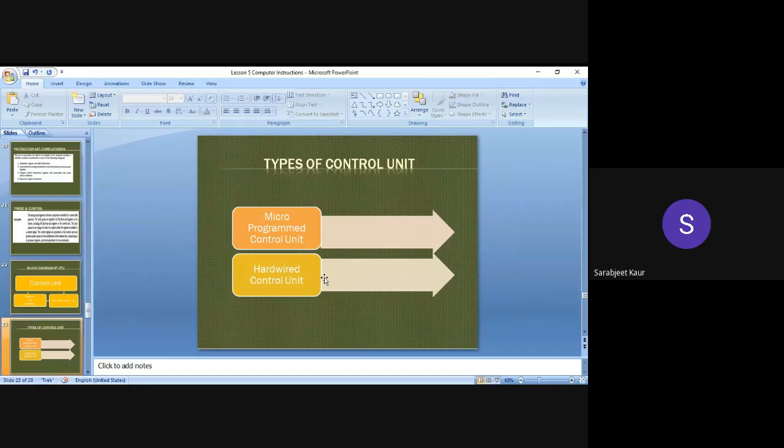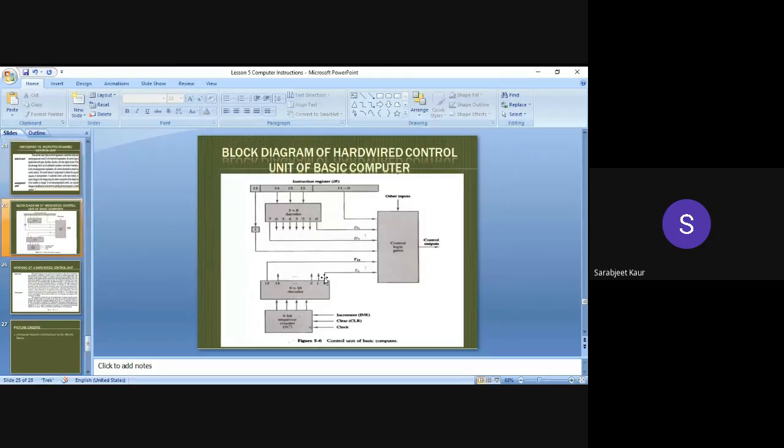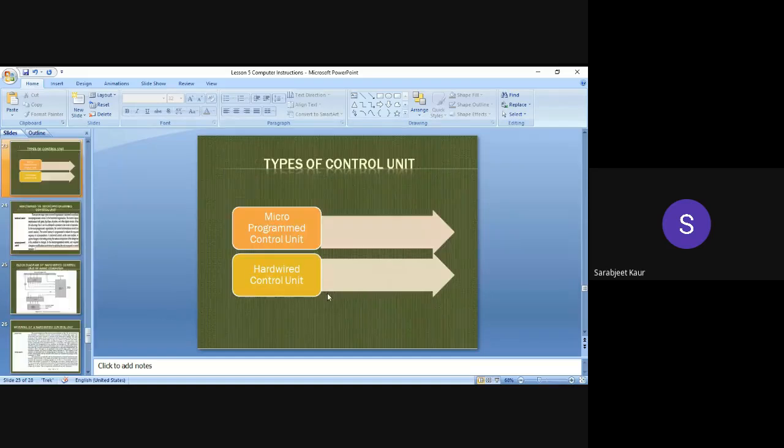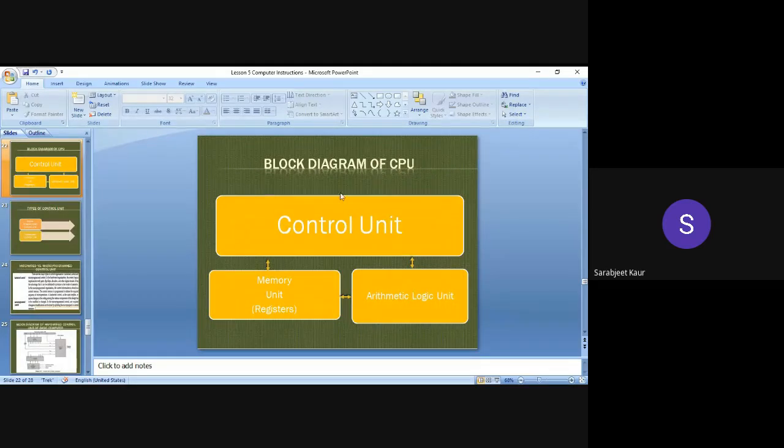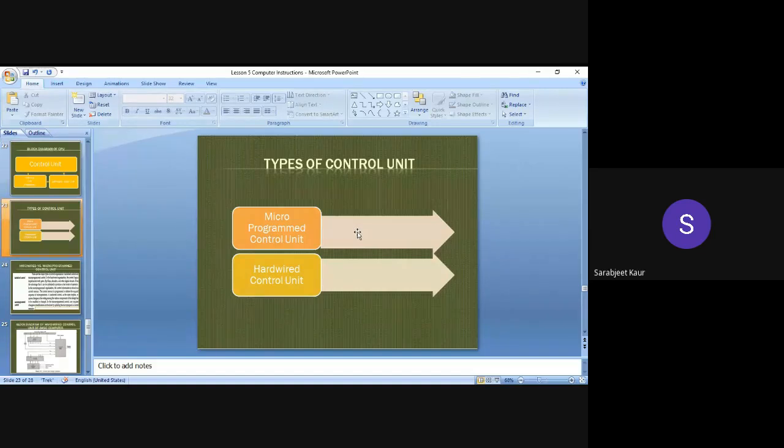Let us see this with the help of a block diagram. We will have a look inside this control unit today. But before that, we will study the two different types of control units. There are two types of control units. The first one is known as the microprogrammed control unit, and the other one is known as the hardwired control unit.